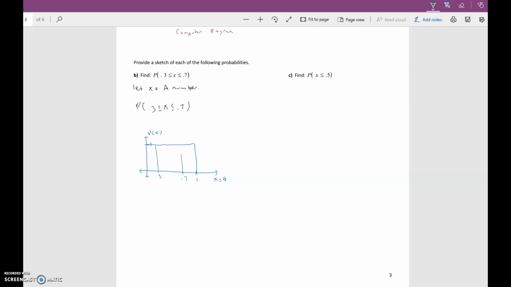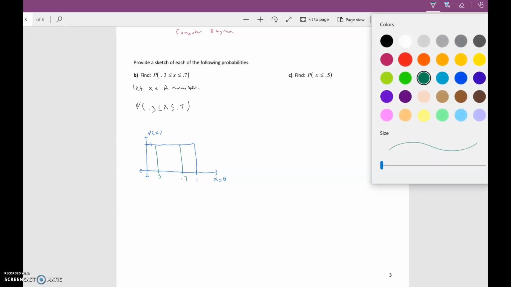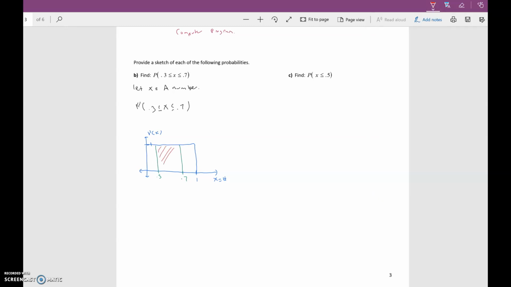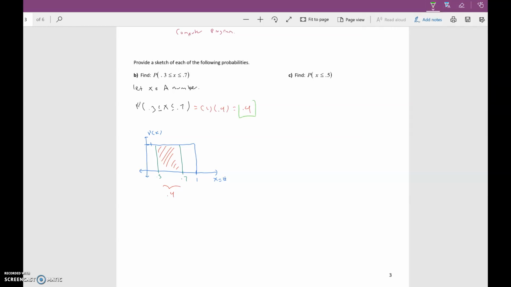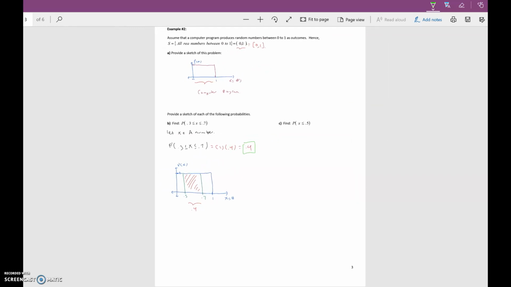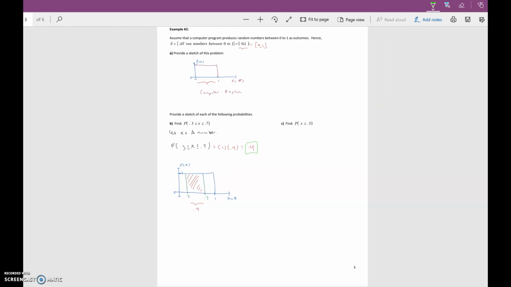So in this case, we're looking at this actual chunk, which means that this is 0.4. The length times width on this one is going to be 1 times 0.4, which is equal to 0.4. That would be our answer for this particular one, since the random variable in this case is a number given by this computer program, and it's going to be between 0.3 and 0.7.